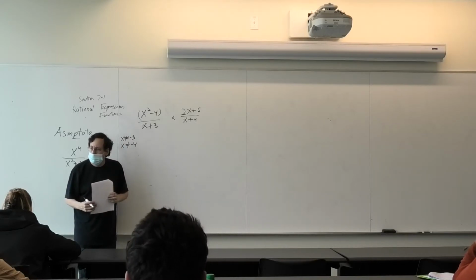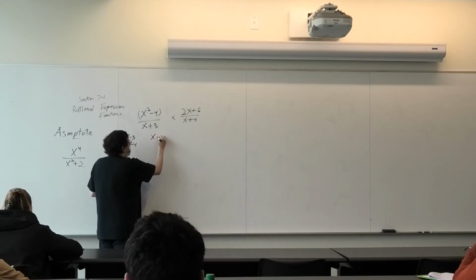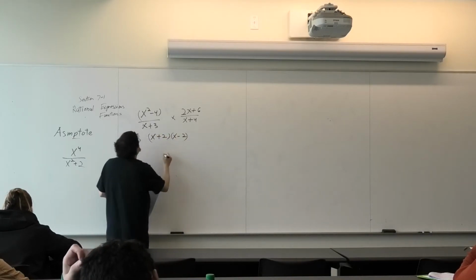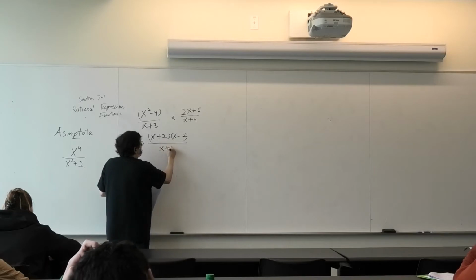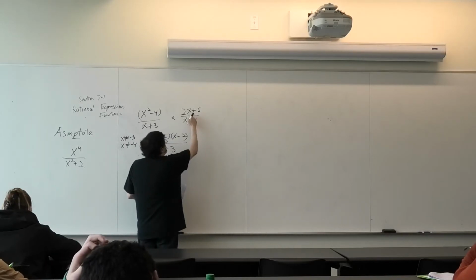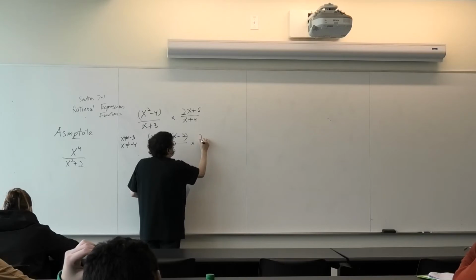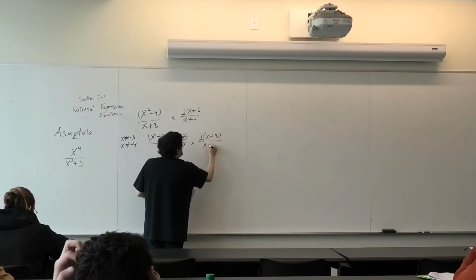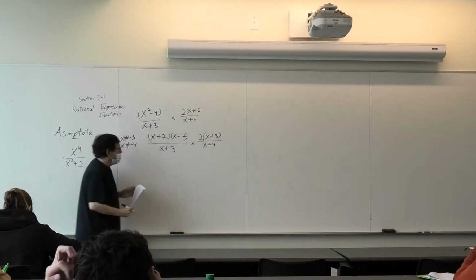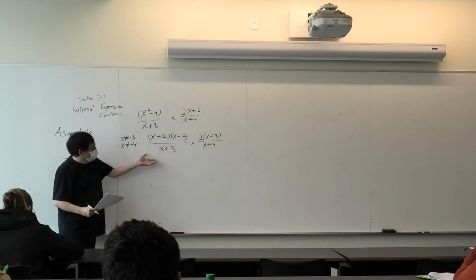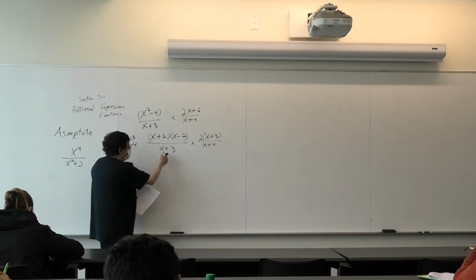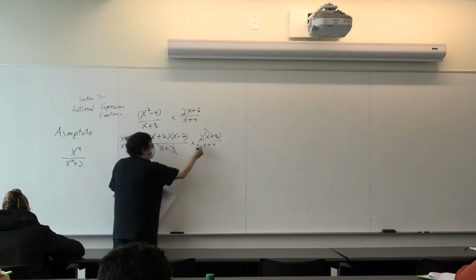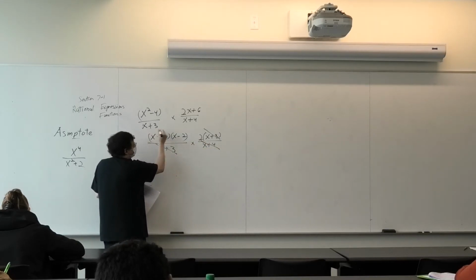So x plus 2 times x minus 2, thank you, over x plus 3. And now here, we're just going to factor the 2. All right, just like with fractions, you see x plus 3, x plus 3, x plus 4.